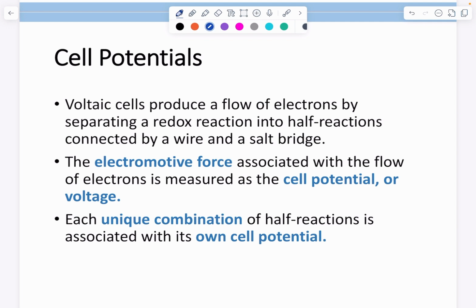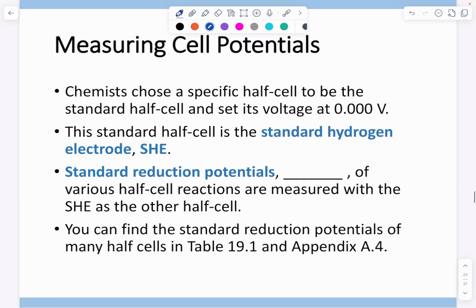So we can measure cell potential, relating it to a certain half cell that chemists chose and set that voltage at 0. So it's all relative to that standard hydrogen electrode. The standard half cell that was used to set a voltage at 0, essentially like setting a norm.